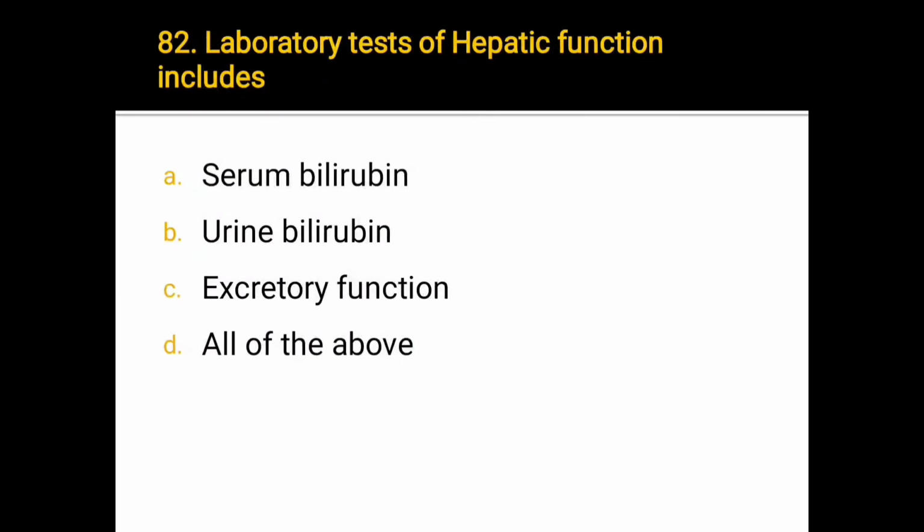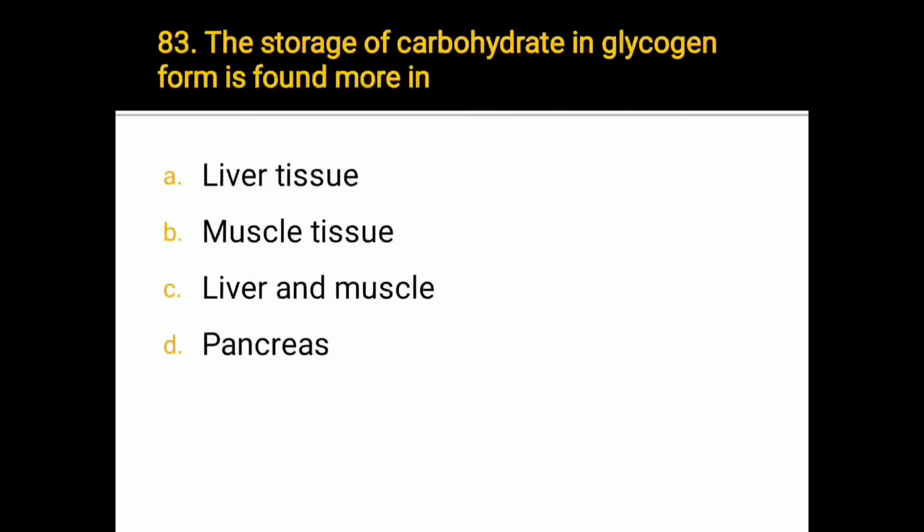Correct answer D. All of the above. The storage of carbohydrate in glycogen form is found more in A. Liver tissue, B. Muscle tissue, C. Liver and muscle, D. Pancreas. Correct answer C. Liver and muscle.